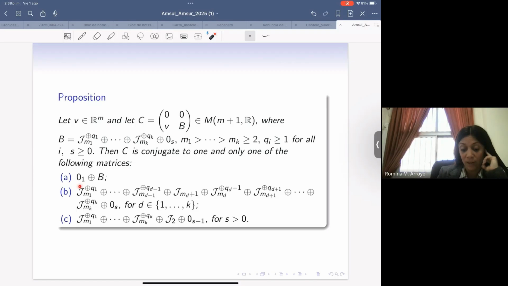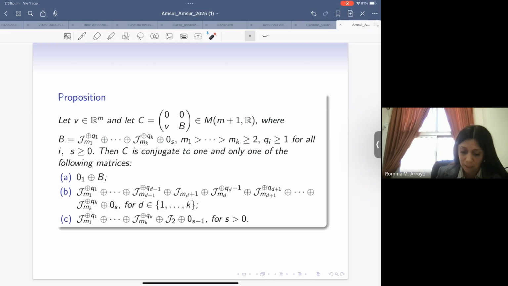Okay, so the first one is the case that I mentioned in the previous slides, when b is in the image of capital B, but if b is not in the image of capital B, we have different cases.